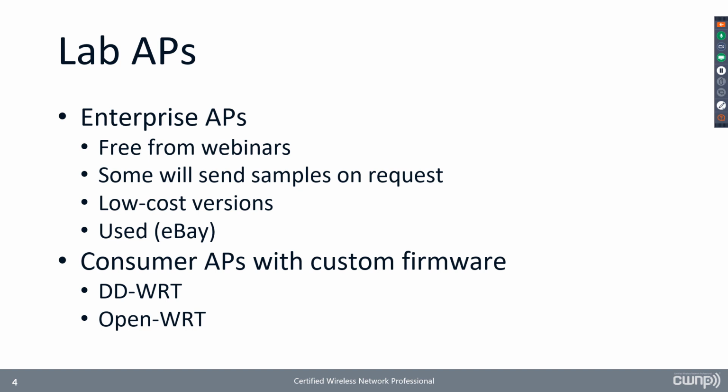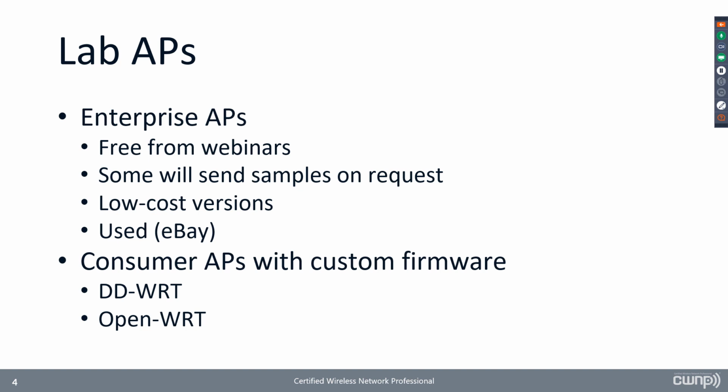Now, you can also go another route, and that's consumer APs with custom firmware like DD-WRT and OpenWRT. So basically what you're doing is you're buying a consumer wireless router from someone like Asus or Netgear or what have you. And then instead of upgrading the vendor's firmware, you're loading a custom firmware that the community has built for that.